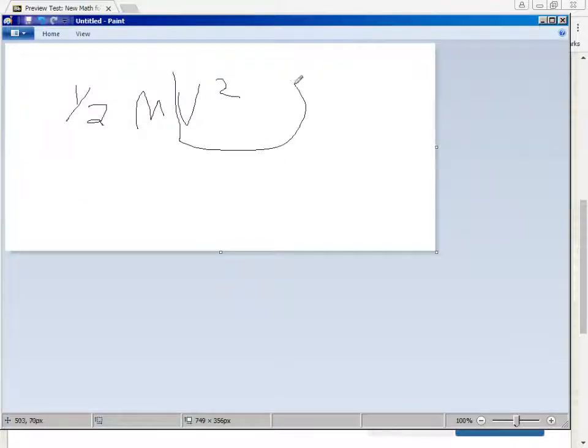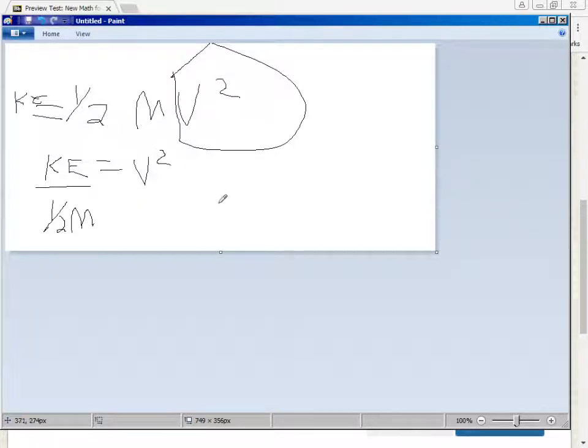You're solving for V. If you already have your kinetic energy, then kinetic energy divided by 1/2 mass would equal velocity squared, but if you take the square root of it, it would equal V. So you have kinetic energy divided by 1/2 mass, and you square root it. That's how you do that.